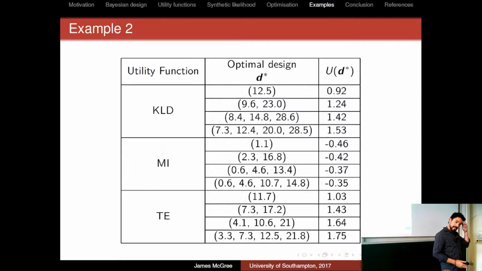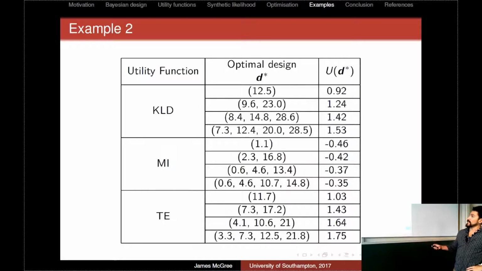So here are some designs: KLD, mutual information, and total entropy. The utilities increase as the number of design points increases. That's reassuring, a good sanity check. You can see total entropy is quite similar to the KLD, at least in the 1-point design, and probably in the 2.